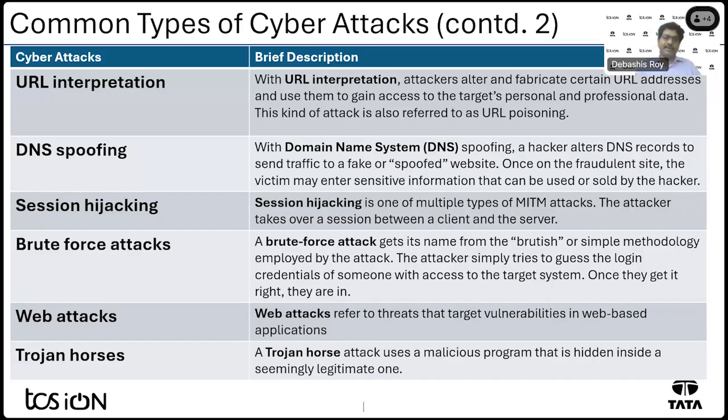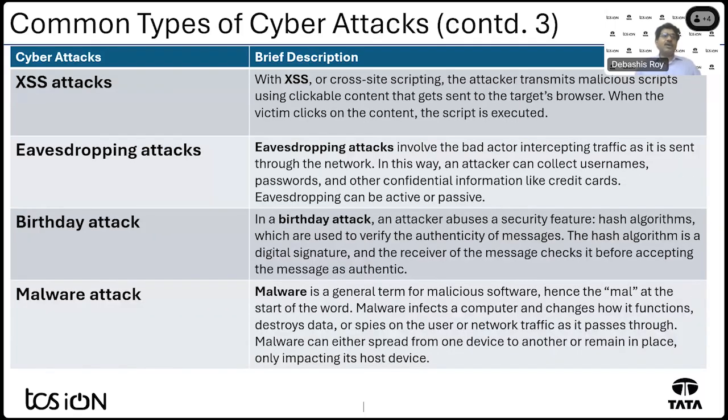Trojan horses, as the name suggests, as you can understand, come across as a malicious program that looks like a normal application and is being transferred. And then once it is in the victim system, it can actually get information and transfer it accordingly. So this is called a Trojan horse. Cross-site scripting attack, XSS attacks.